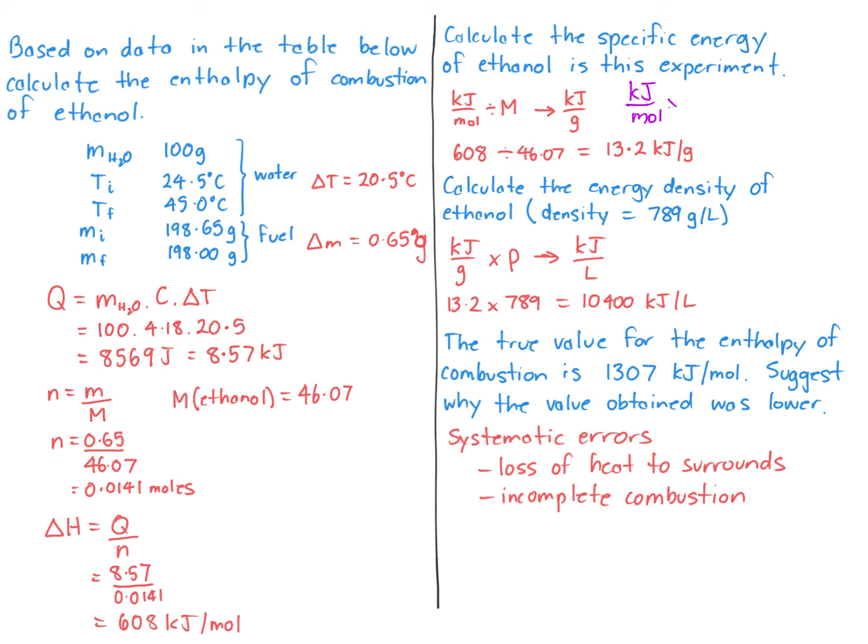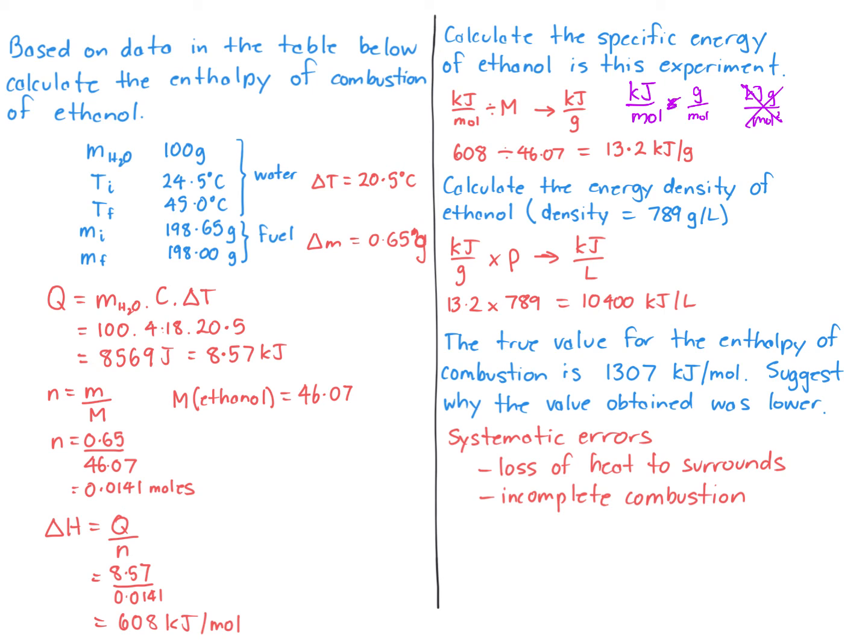So if we times by the molar mass, which is measured in grams per mole, we are going to get kilojoules grams per mole squared. Well, that's not kilojoules per gram, is it? So that must be wrong. We'd go, no, that's not right. Put a cross through that.